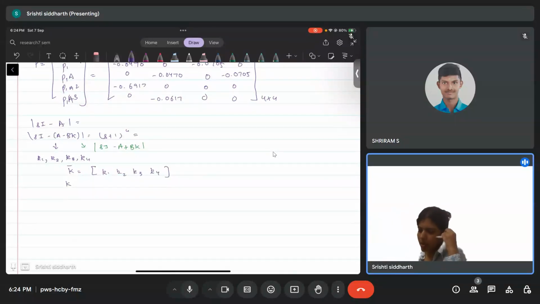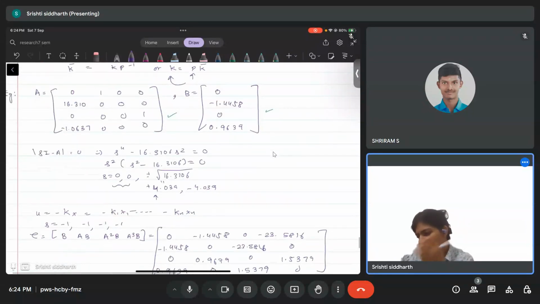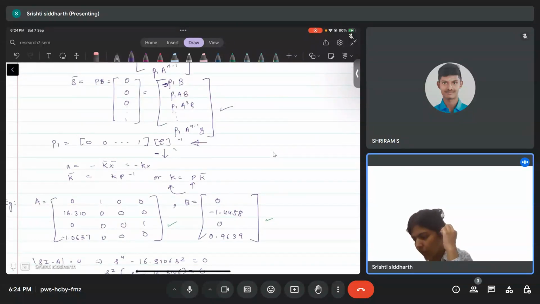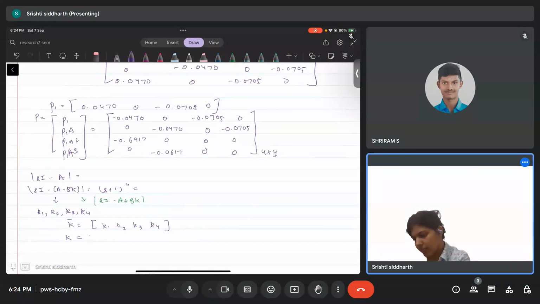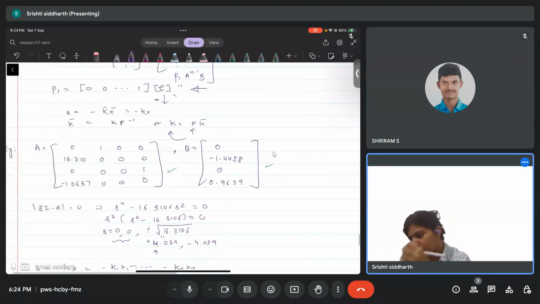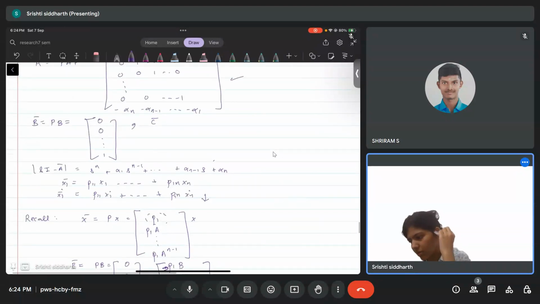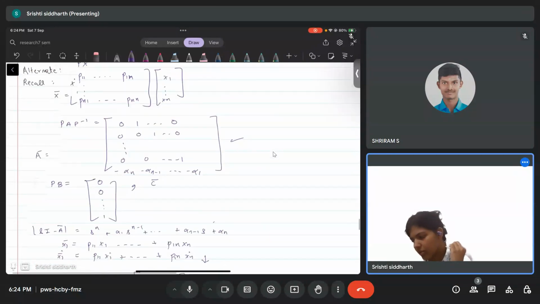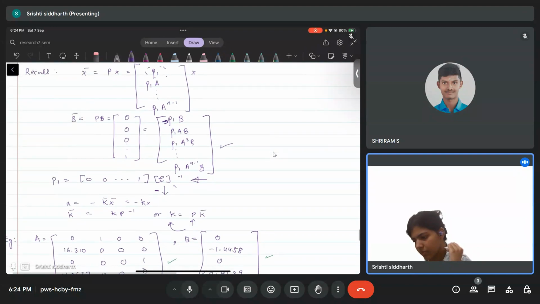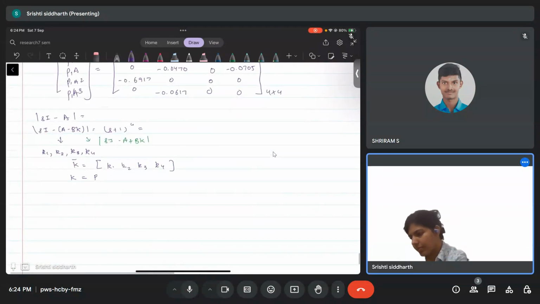We are not done yet because we want to design the controller for the original system. So for the original system, going by the above transformation, we have k equals k bar times P. We have already computed P, and we already know what k bar should be, and so we know what k is.